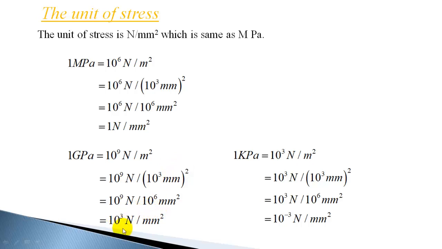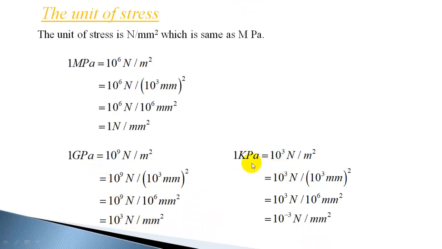Finally you get 10 raised to 3 Newton per mm square. Giga and mega differ by 10 raised to 3, because mega is 10 raised to 6 and giga is 10 raised to 9. Since megapascal is 1 Newton per mm square, gigapascal has to be 10 raised to 3 Newton per mm square.